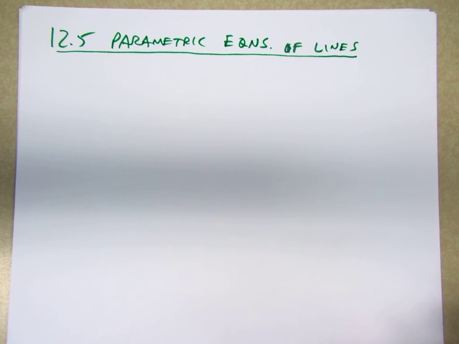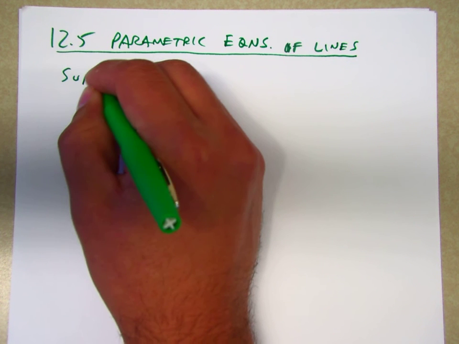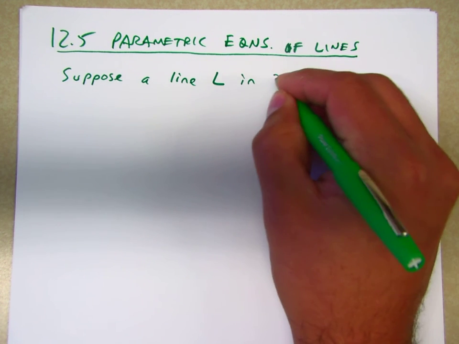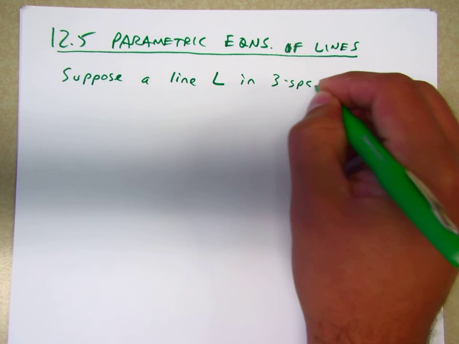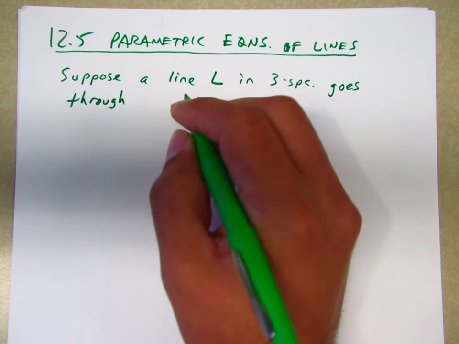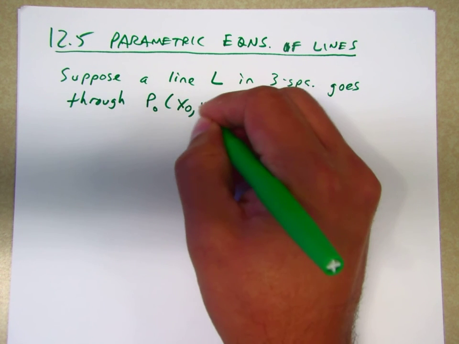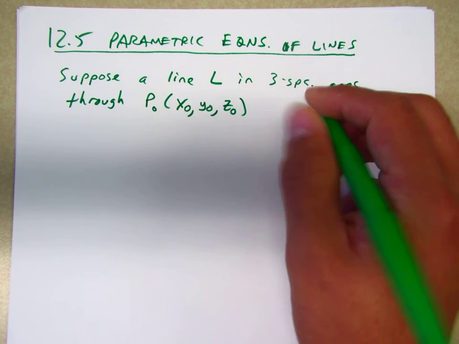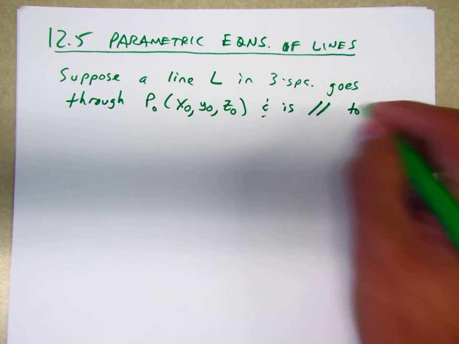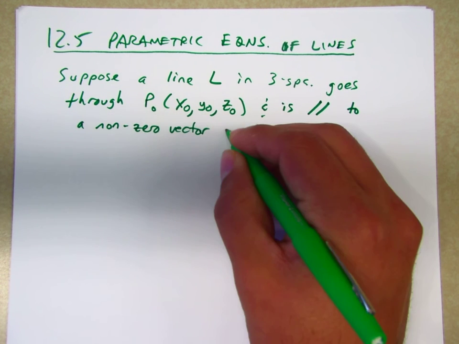What is parametric? That's what we're going to define right now. So, suppose a line L in 3 dimensions goes through a point P naught with coordinates x naught, y naught, z naught, and is parallel to a non-zero vector, v, we'll call it.